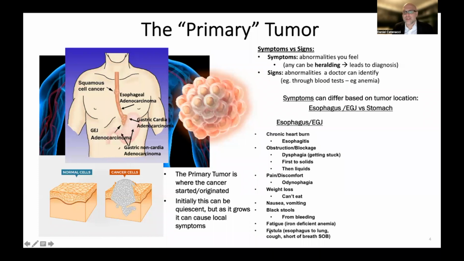Then a symptom that's not that common but can occur, especially in esophageal cancers, is something called a fistula, where the cancer can start to invade locally through the wall of the esophagus and into other structures like the trachea, the windpipe, or other parts of the pulmonary breathing system. That can cause food that you're swallowing to go through that fistula and into the pulmonary system and cause a number of things like coughing and shortness of breath.